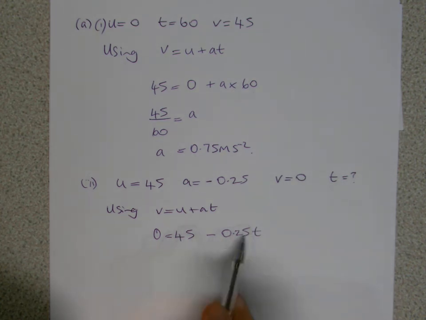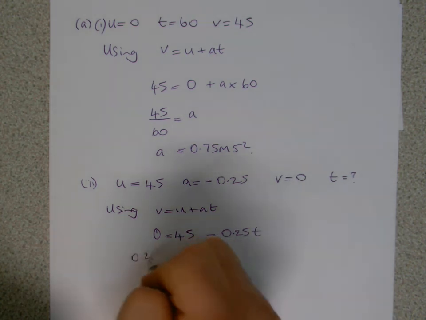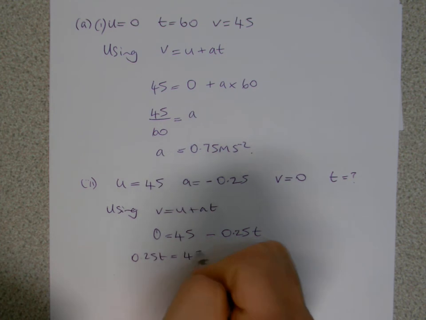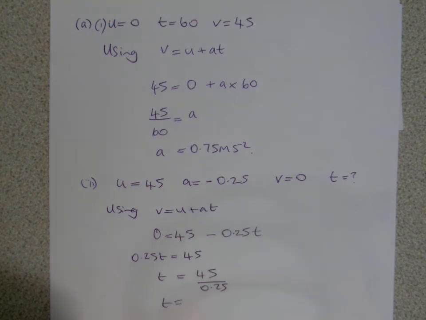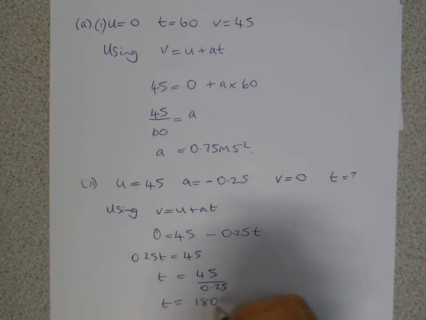So a little bit of maths here, take that over the other side, and then divide by the 0.25. You can use a calculator to make sure you get this right, and you get 180 seconds. Let's read the question again to make sure. It says length of time for which the train is decelerating, and it is decelerating for 180 seconds.